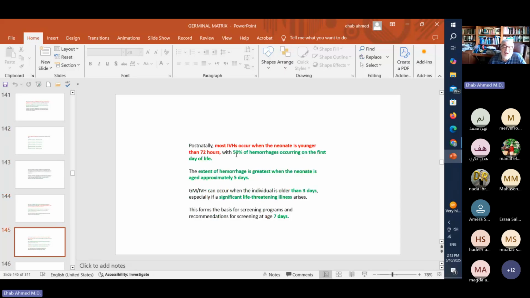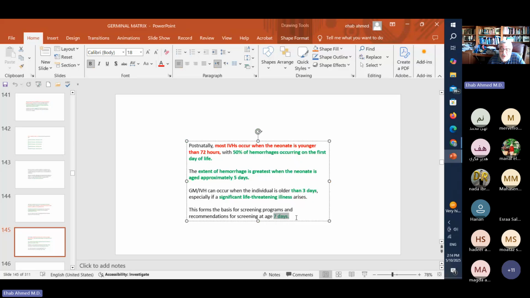Most IVHs occur when the neonate is younger than 72 hours. More than 90% of GM-IVH occurs in the first 72 hours, and more than 50% in the first day. But if there is GM-IVH, even if it progresses, we don't see it de novo after 7 days.